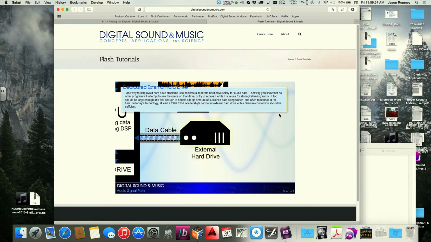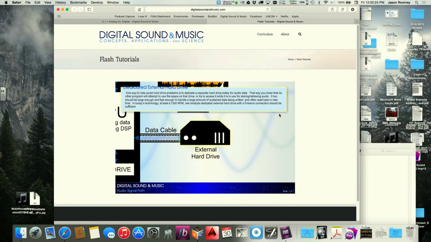I would advise against USB if you can avoid it, because one of the interesting things about USB is that USB devices don't get to talk directly to the CPU. They have to talk to this thing called the USB bus. Essentially, anything that the CPU wants to talk to has to get what's called a hardware ID, a unique number that represents that device.